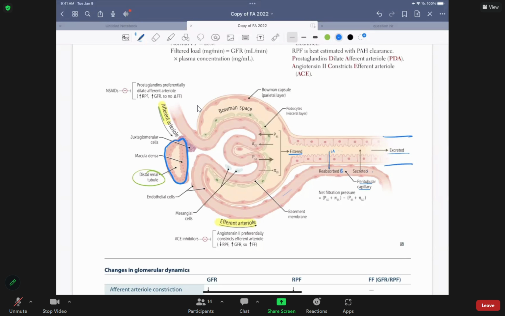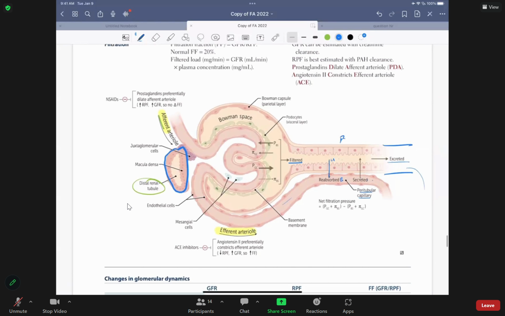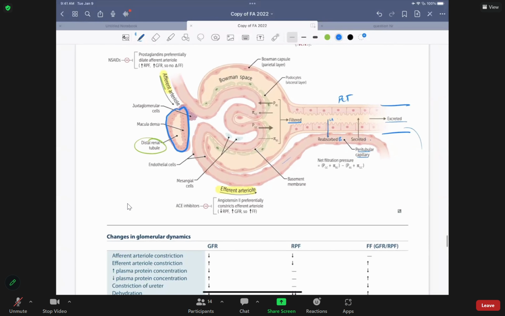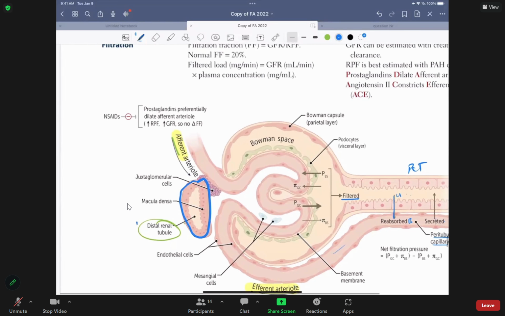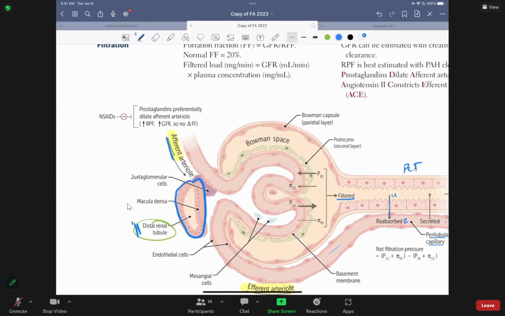Is that clear, folks? It has turned and comes up. It's like a wire. It comes down, curves, it goes up. So here, if you think this is PCT, I could draw all the way down and then they will come back up. Is that clear, folks? They come up and down. So you should always know DCT is right next to the afferent arteriole.